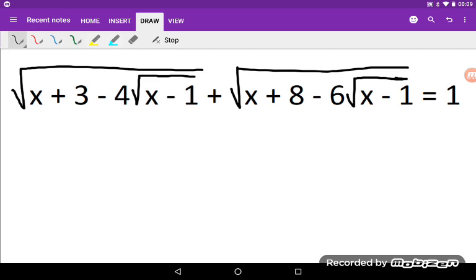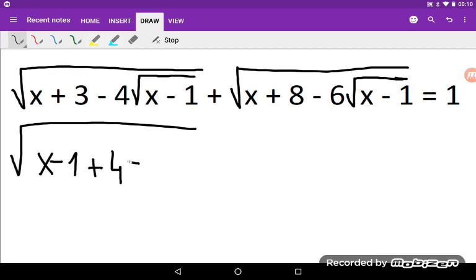Basically the trick is that these expressions under the bigger square roots are actually something squared. So I can write x plus 3 as x minus 1 plus 4 minus 2 times 2 times the square root of x minus 1.